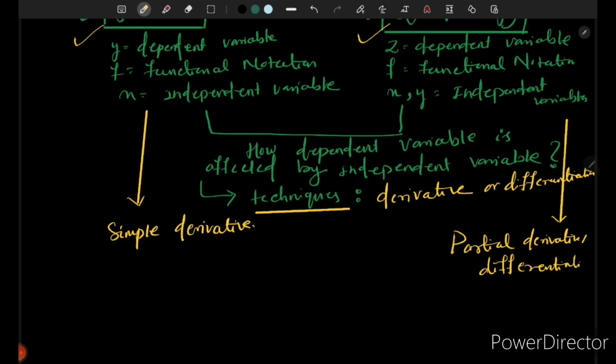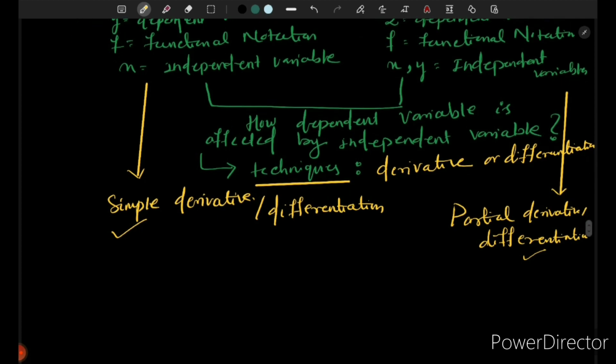So I am repeating, for univariate function we have simple derivative or differentiation, and for multivariate function we have partial derivative and you can say partial differentiation.